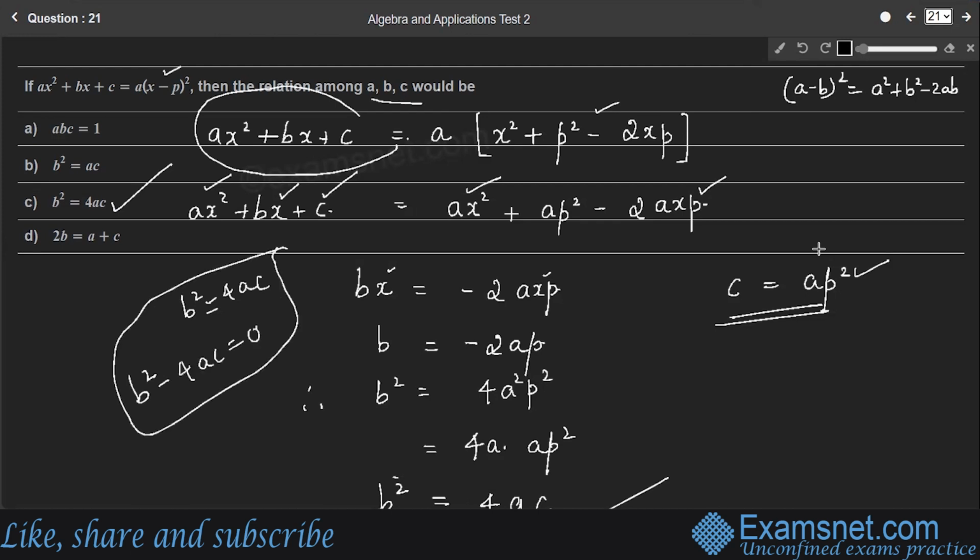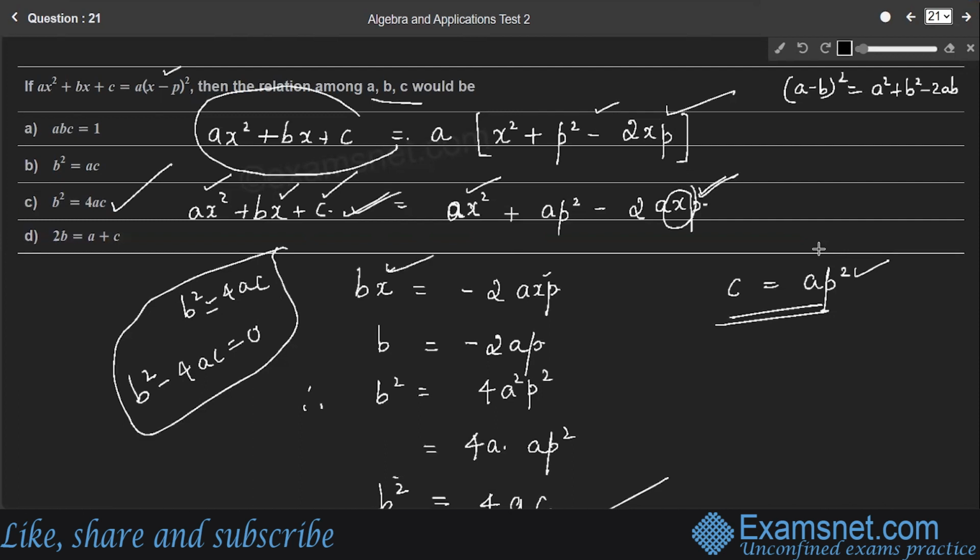In this particular case, we are equating the coefficients of x square, x and the constant by solving the RHS part, and expressing the RHS as ax square, plus ap square as the constant, and the term minus 2axp, where x is variable and its coefficient is minus 2ap.